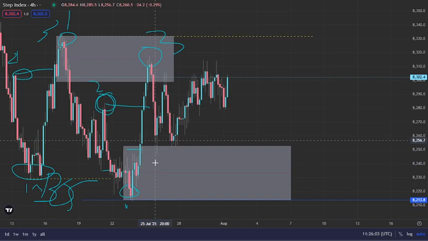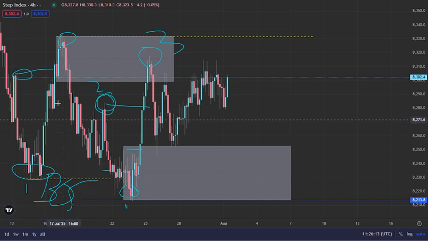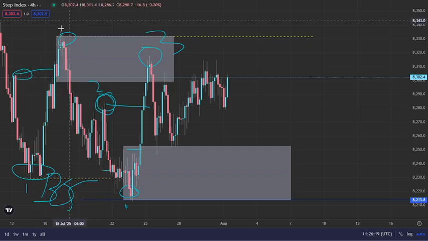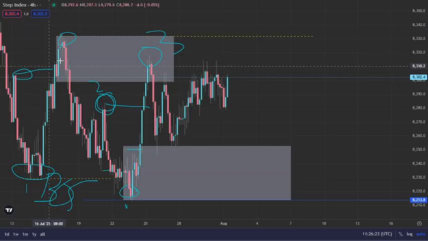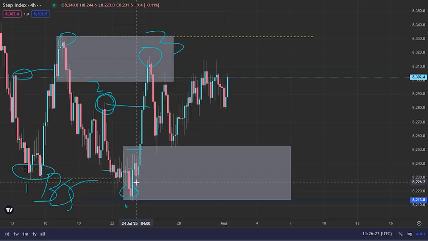Looking at this bullish market structure, we have a break of structure here. This low broke a structure, assuming that this is a strong structure, to flip from bearish to bullish. The same thing happened here. We have a bullish market structure, a bearish market structure.